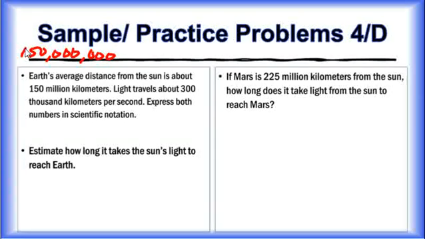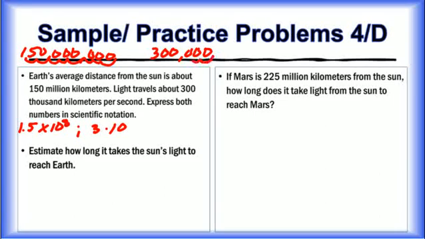So if we write that in scientific notation, that would be 1.5. And moved it 1, 2, 3, 4, 5, 6, 7, 8. So 10 to the 8th. And light travels at 300,000 kilometers, so 300,000. This would be 3 times 10 to the 1, 2, 3, 4, 5 to the 5th power.